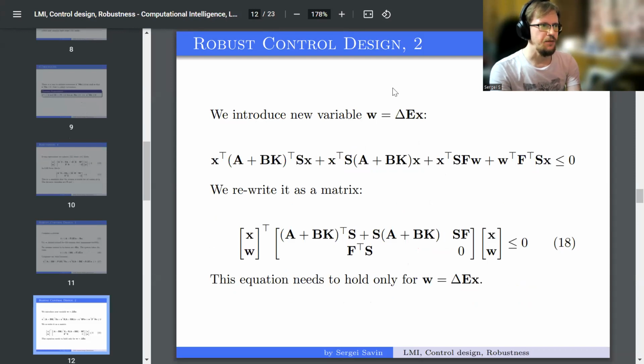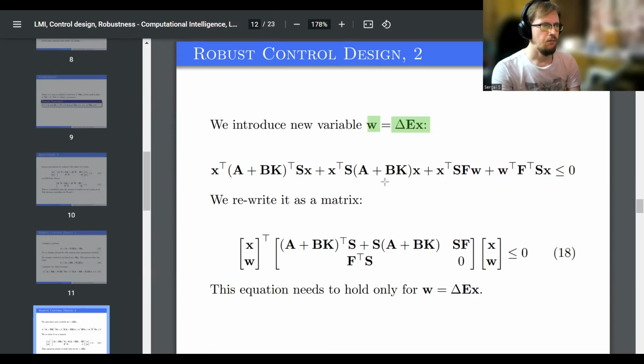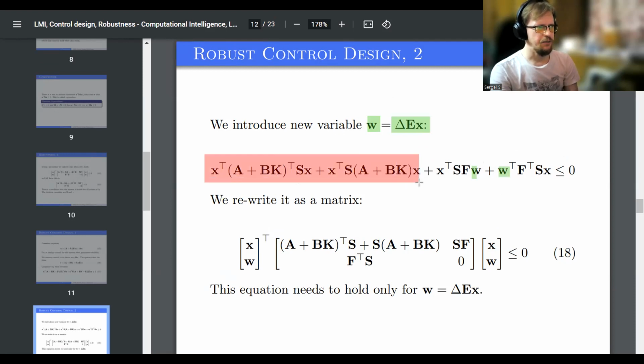We do exactly the same thing. Introduce a change of variables: omega equals delta E x. We have omega here, same as before. Everything else stays the same.